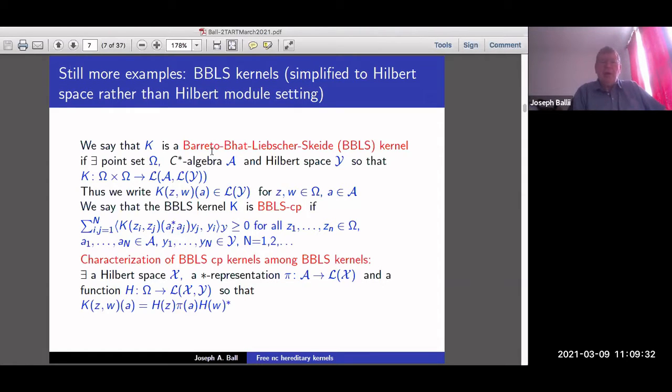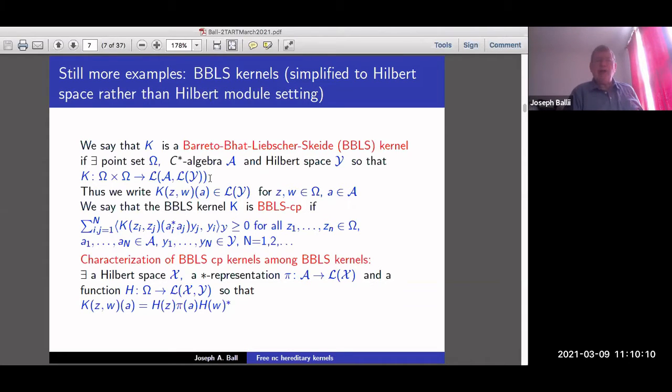They took the next step on kernels by adding an argument coming from a C-star algebra A. The way I'm formulating it, you have a point set omega, a C-star algebra A, and a Hilbert space Y, and you have a function which takes two arguments from the point set omega, but instead of going to L of Y, you have an extra variable. The values map the C-star algebra A into operators on your Hilbert space.